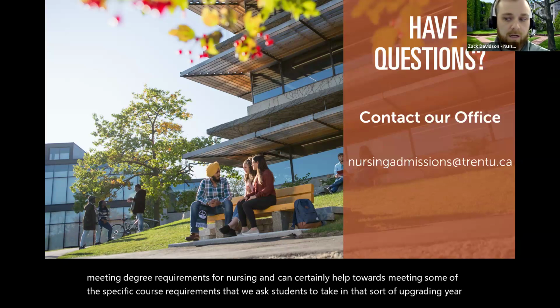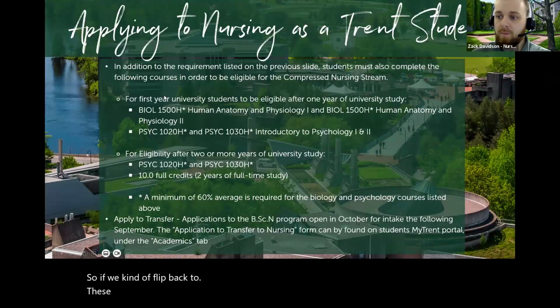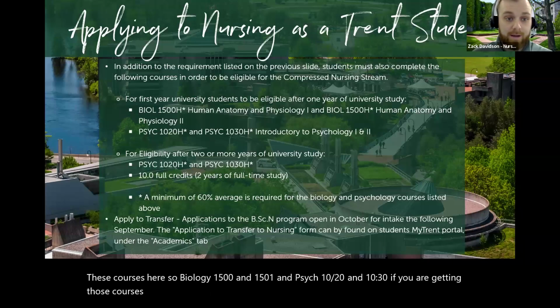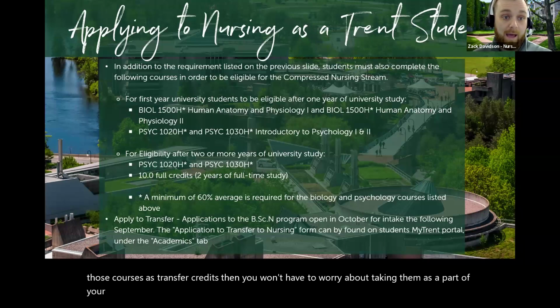If we flip back to these courses here, biology 1500 and 1501 and psych 1020 and 1030, if you are getting those courses as transfer credits, then you won't have to worry about taking them as a part of your upgrading at Trent in the alternate offer.